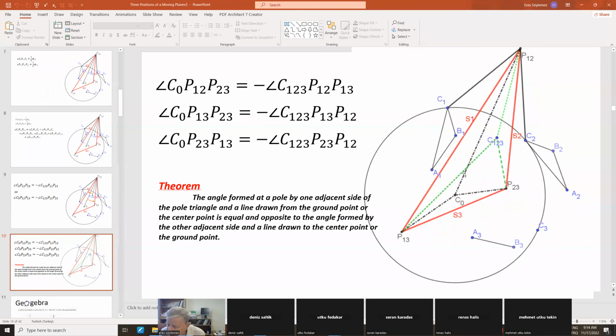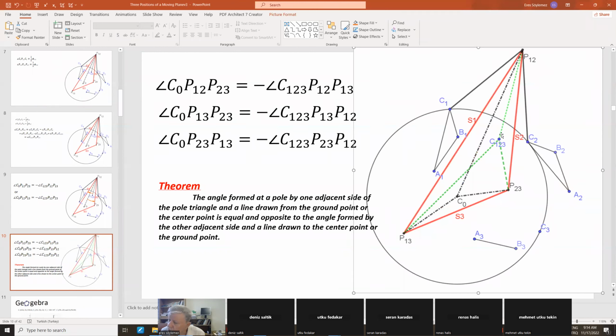I can repeat the same process. I can say the same thing if I consider P13 or P23. These angles will also be the same. The angle made by C0, P12, P23, with respect to side 2 or side 1, it doesn't matter, will be equal and opposite to the angle made by C123, P12 with respect to side 1 or side 2.